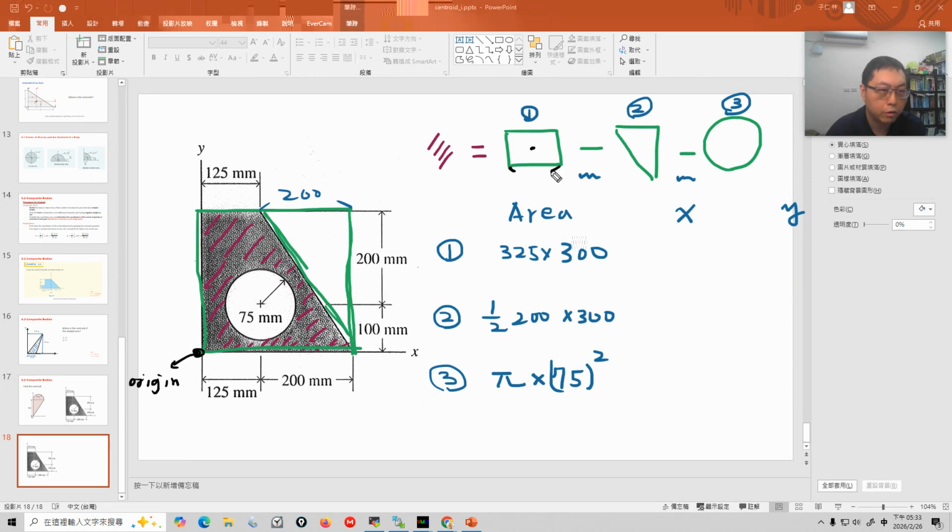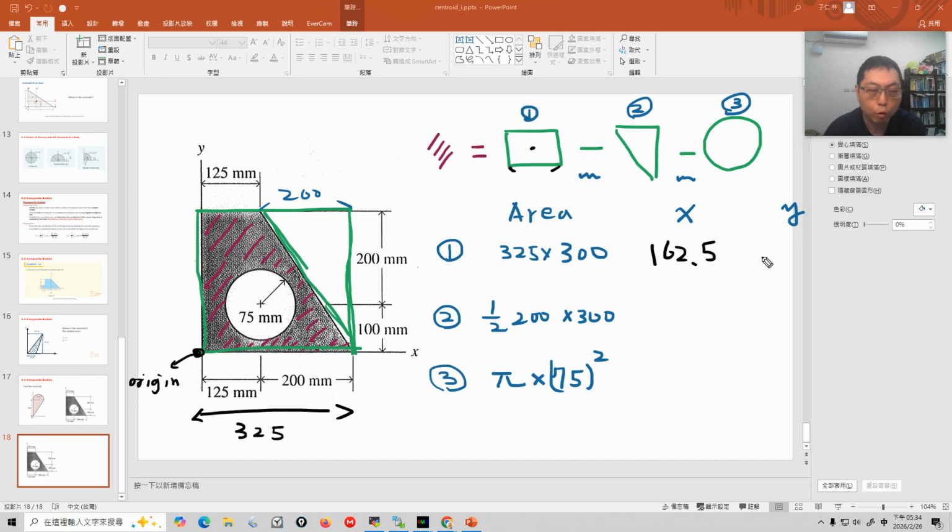This length is 325, so its x coordinate should be 162.5.